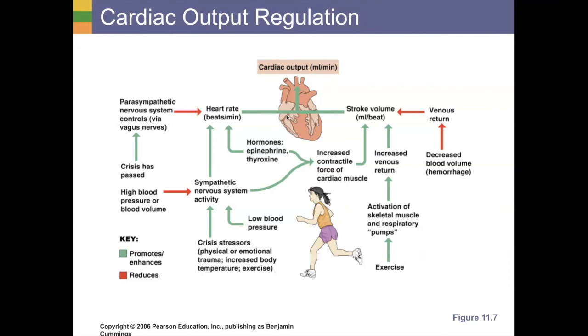But let's just say 80 beats per minute for a normal person, whereas somebody who's an athlete might have somewhere around 40 to 50 beats per minute, which seems really low, but you have to remember they're going to have a higher stroke volume. In other words, yes, their heart isn't beating as much as a person who doesn't work out, but because that athlete works out, they have that higher stroke volume, that higher amount of blood that can be in the heart, so their heart doesn't need to pump as much.